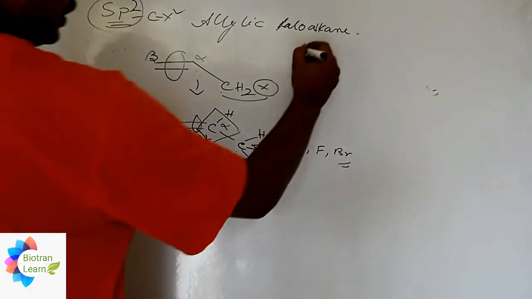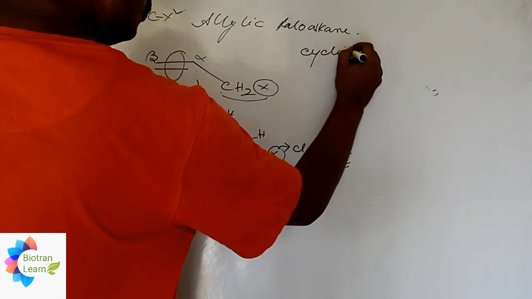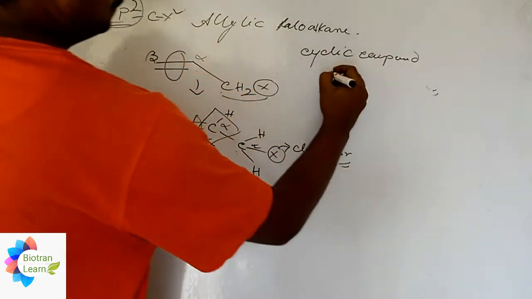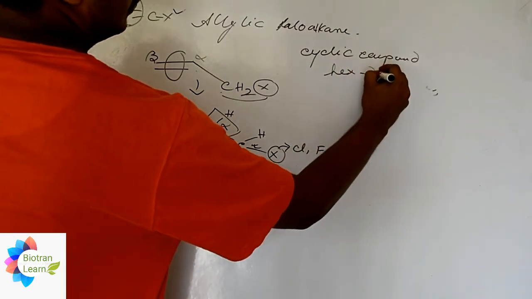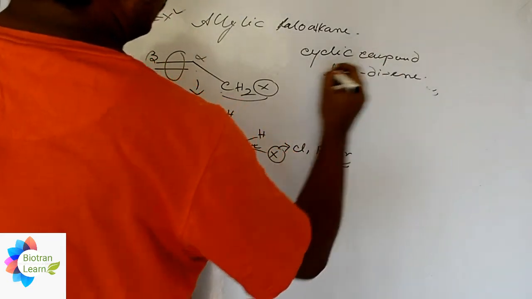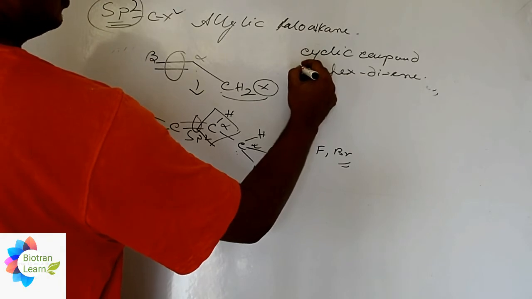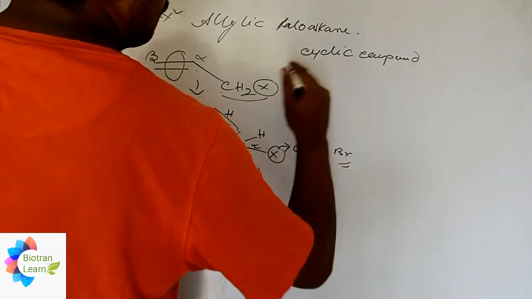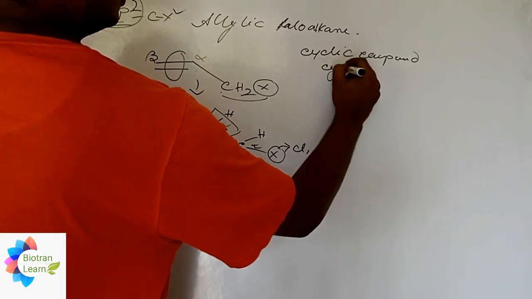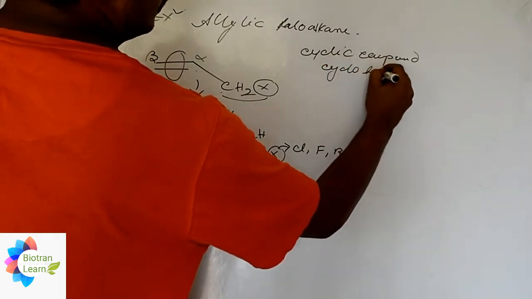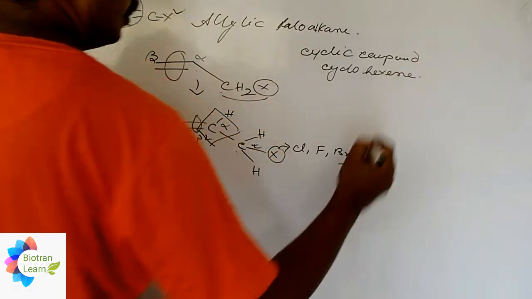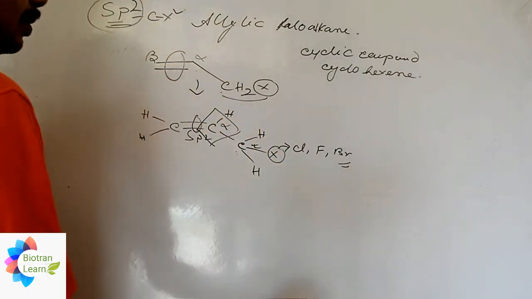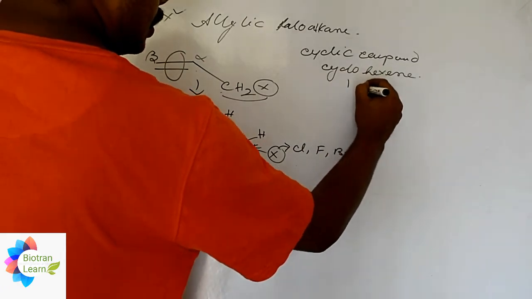We can have certain cyclic compounds too. Cyclic compounds. Let's see, not hexadiene. Let's see, cyclohexene. Now, in case of cyclohexene or monocyclohexene, what we can see, it will be a structure like this one.